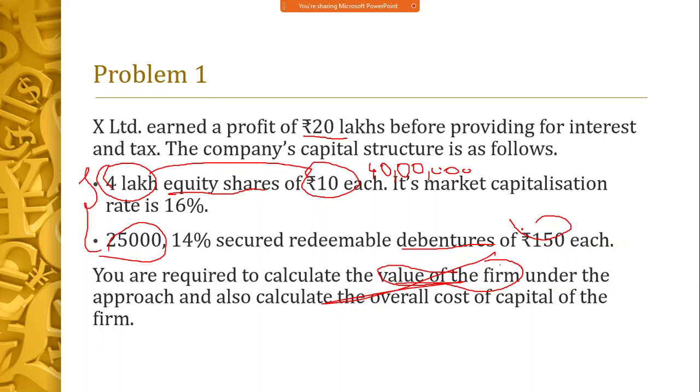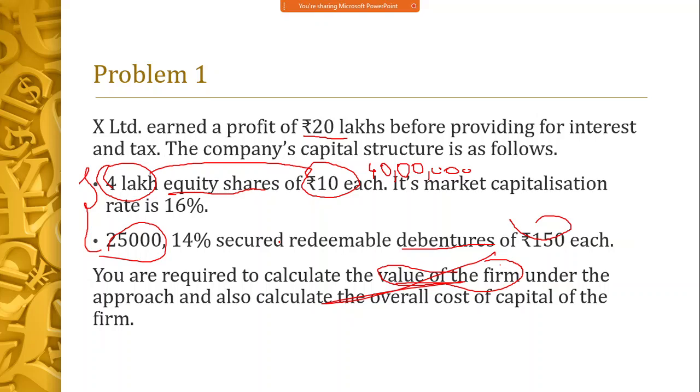Now, one thing we should remember is whenever we evaluate the firm, the value of the debentures is going to remain fixed. It is the book value, right? But when it comes to the equity share, the face value of the shares and the market value of the shares would be different. So how to calculate the value of the firm?